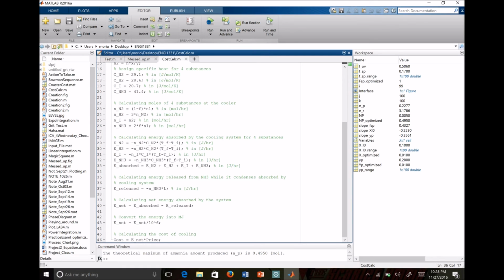And then you add all these together. This one I put a negative sign over here. So basically on this side, if you want it to be positive, I put another negative sign. It's just how you deal with the problem by yourself, but basically the answers should be the same. And you convert the energy, and you calculate the cost.